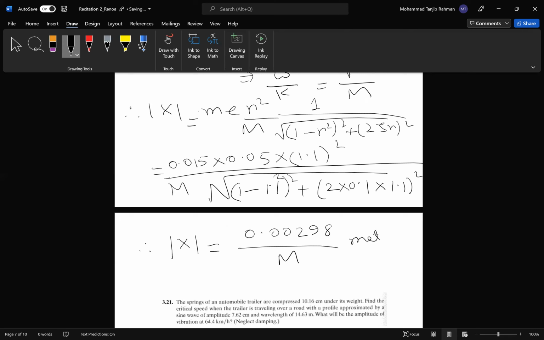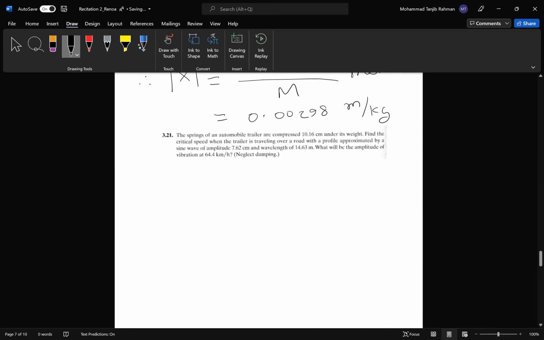Or you can also express that, if we assume M is equal to 1, as 0.00298 meter per kg. So do any of you have any question about this problem? Okay, so I'll move to the next.